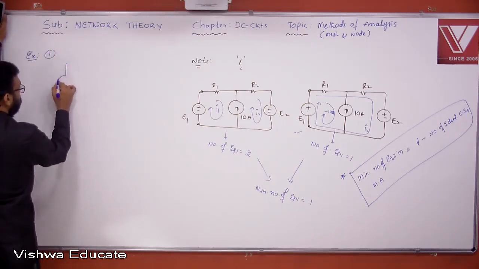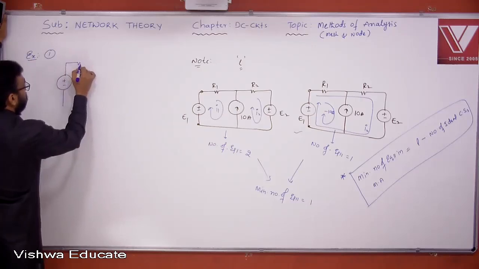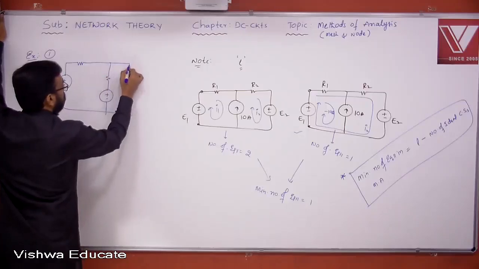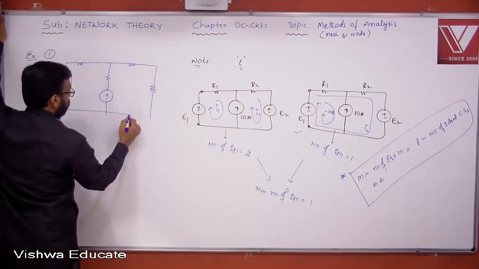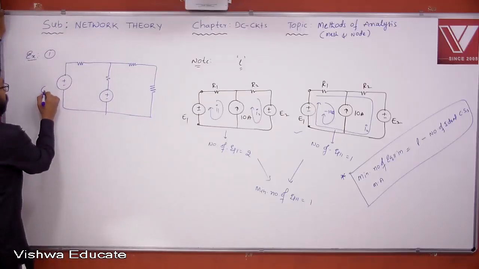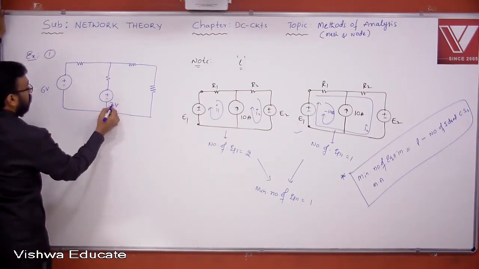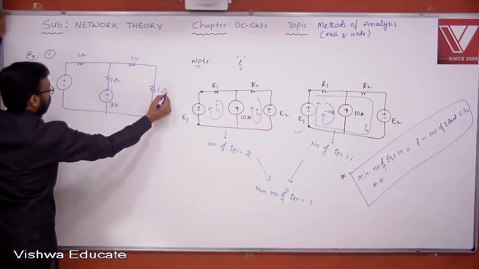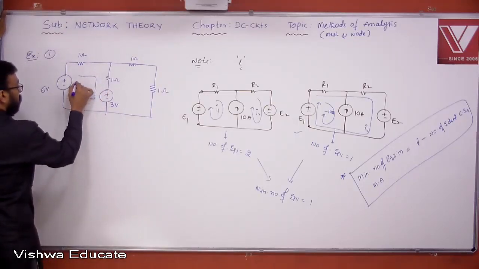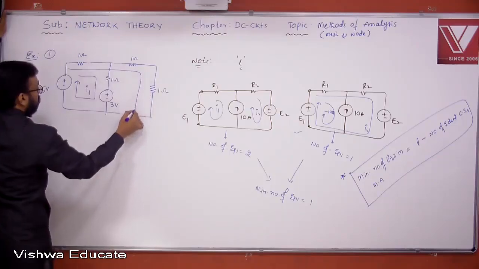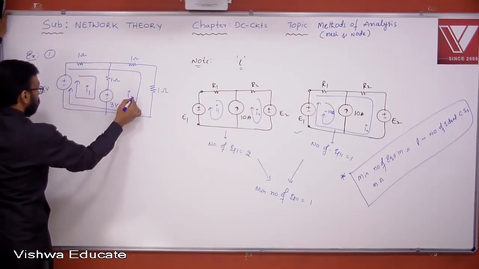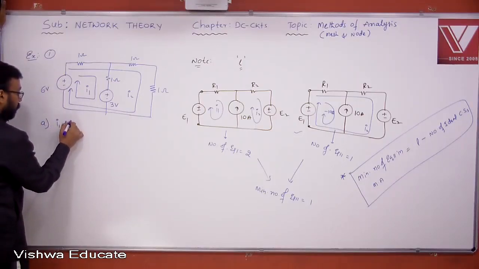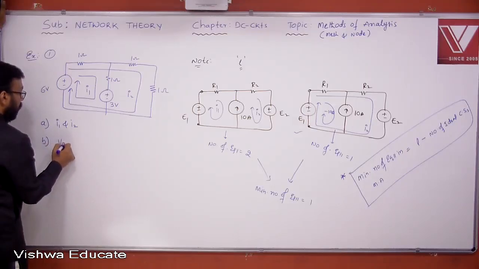The first one is: A. Find I1 and I2. B. Find VAB.